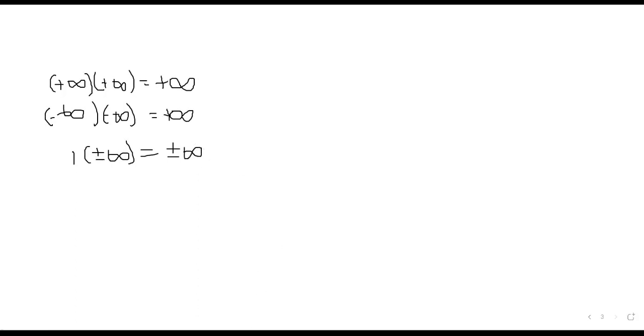Now, how about multiplying an infinity by 0? When we multiply by 0, the result is not 0. That will be undefined. The value is not defined.